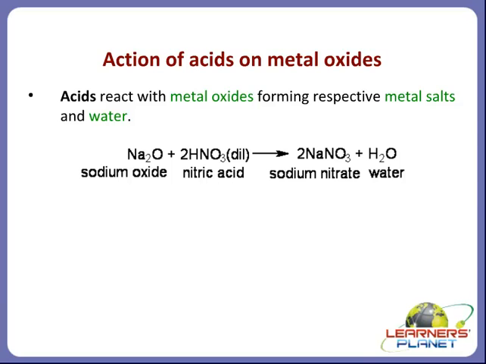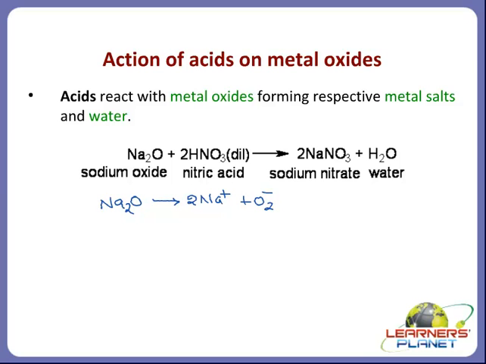Now let's take up how this gets dissociated. Your Na2O, that is sodium oxide, will dissociate forming 2Na plus and O2 minus. Okay, so this formula is wrong.